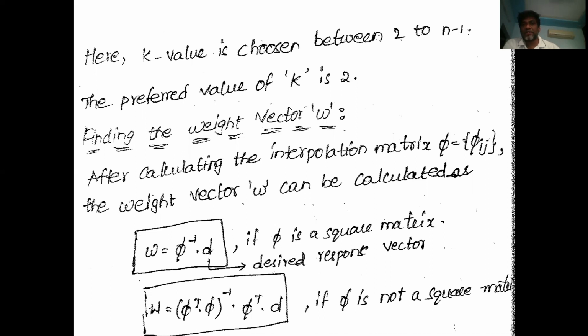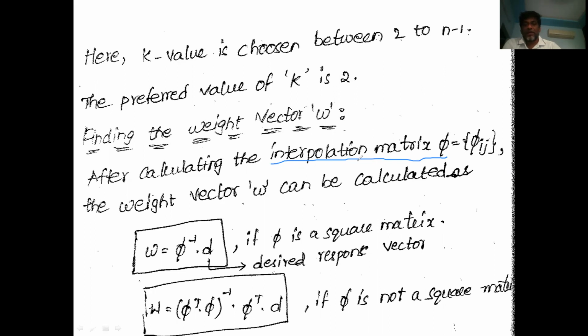How we did this in our previous example is we calculated the interpolation matrix phi, the interpolation matrix phi for mapping the input vector into the output vector. By calculating this interpolation matrix, we can map the input space into hidden space.